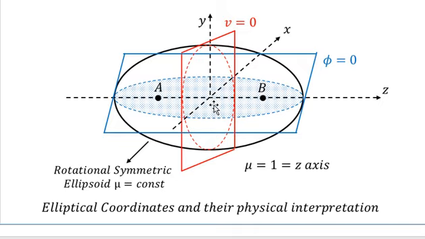It will only pass through the center, that is z equal to 0, when nu is equal to 0. But when nu has any other value, positive or negative, this plane shown in red will lie parallel to its current orientation for different values of z.